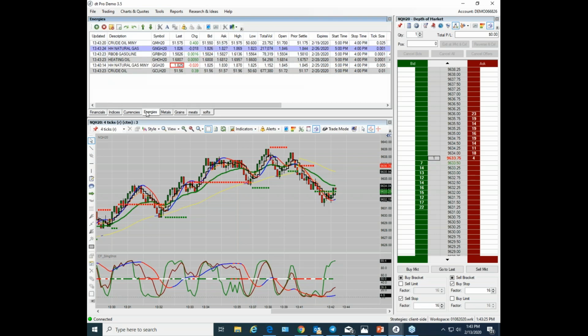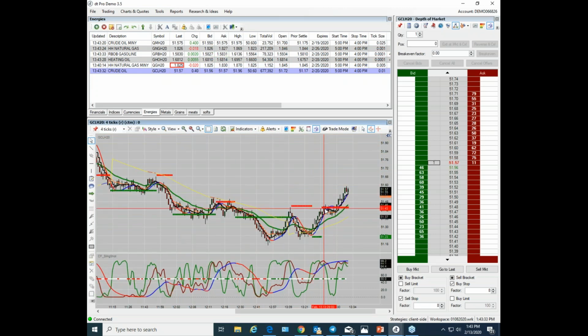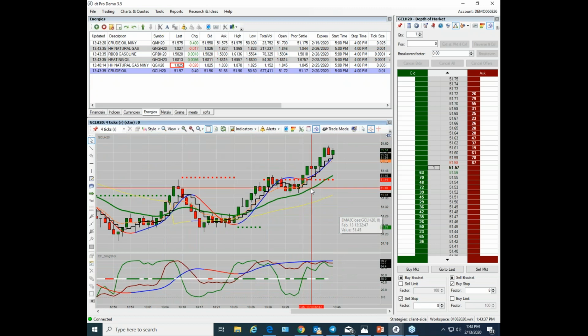Let me find something here. Maybe I'll find it in the crude. All right, so we finally broke this area, right? Okay, so we broke dynamic resistance. So let's see if the crude oil pulls back for us, okay? That means we want this market to pull back to the BBC, okay? That's a possibility.